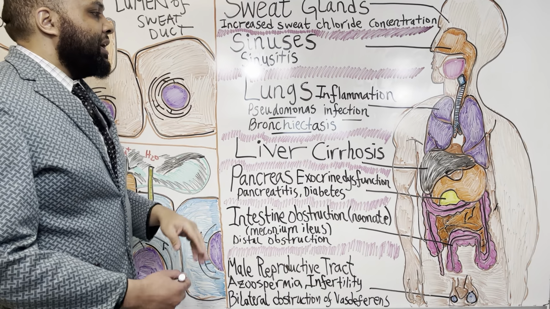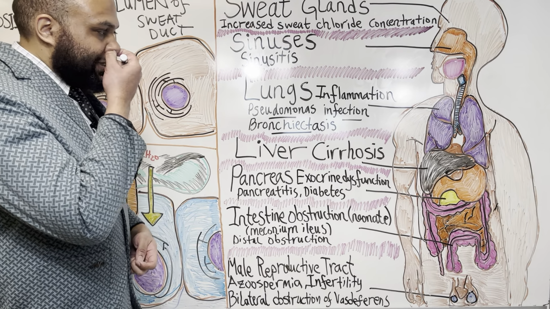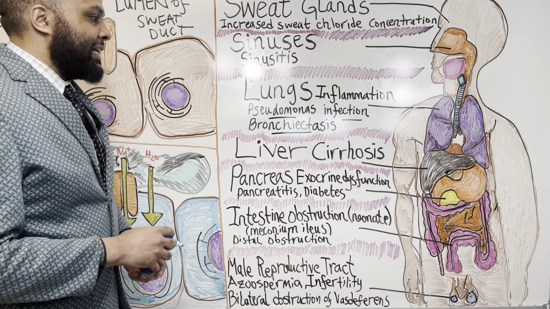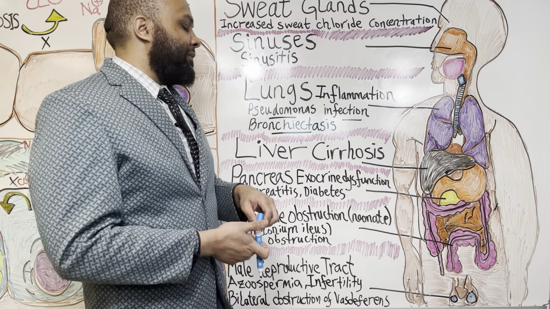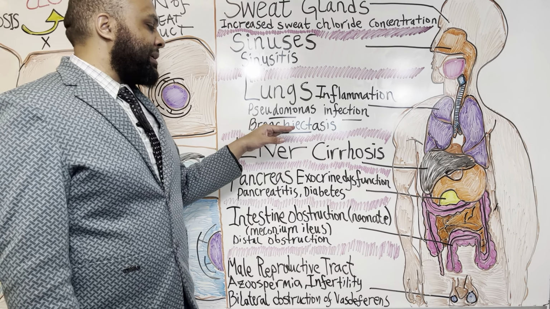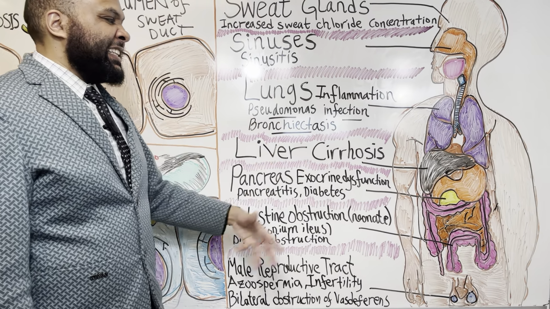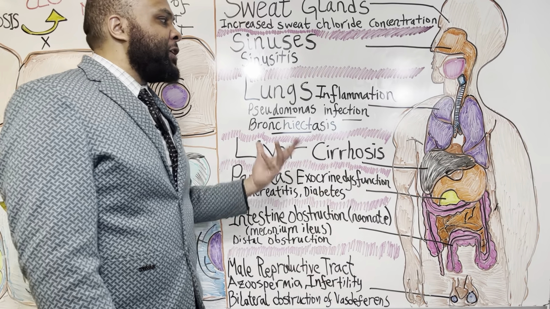In addition, like we said, the patients will always have lung infection and inflammation. They will have Staphylococcus aureus and Pseudomonas infections, and they sometimes will have bronchiectasis when things exacerbate severely.